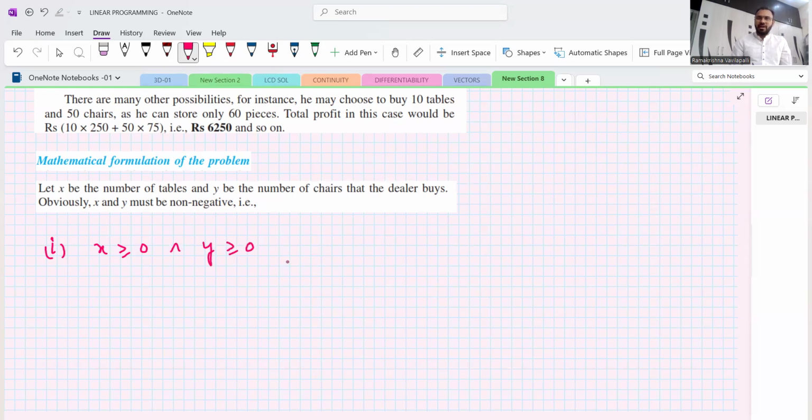This is the constraint of non-negativity. Non-negativity constraints.